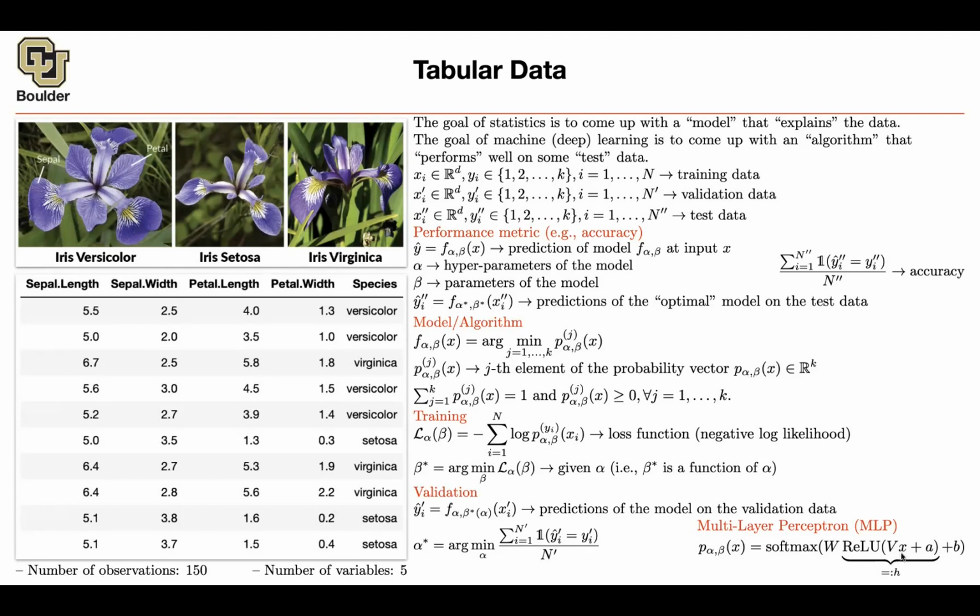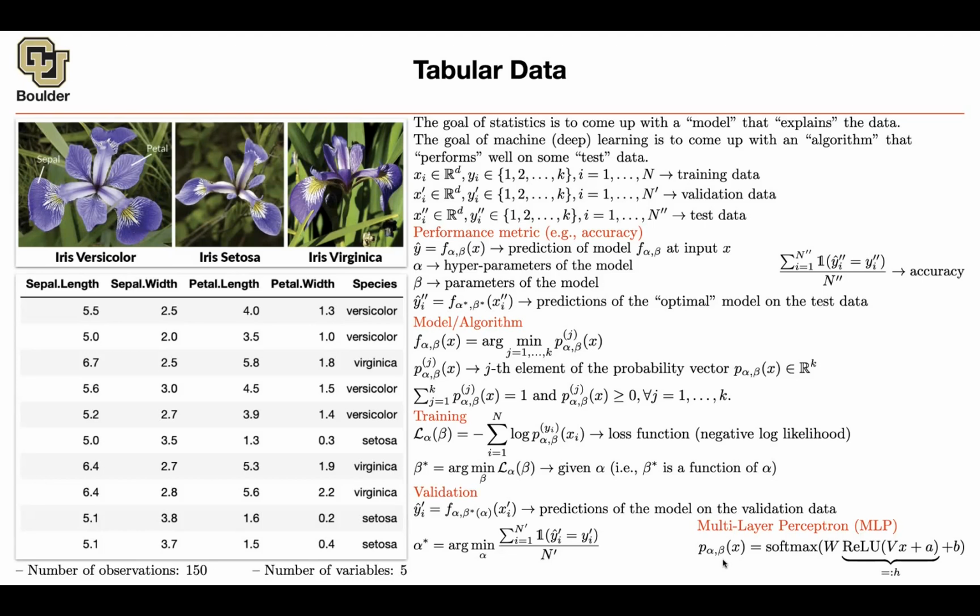You can take x, multiply it by v, apply ReLU, multiply it by w, apply ReLU, keep doing that, and make your model deeper and deeper. This model is 2 layers deep. We can make it 5 layers deep. That choice is also alpha, your hyperparameters. And we know how we choose them. We choose them based on the validation data.